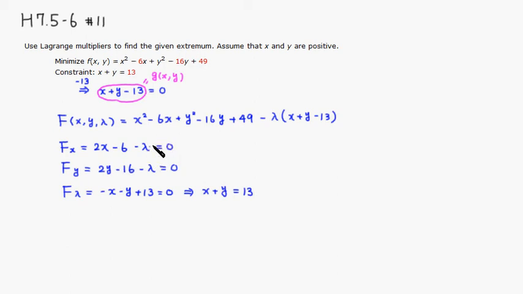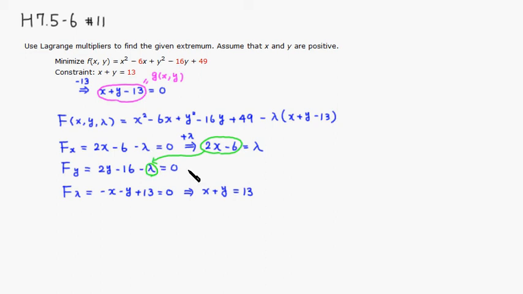I'm going to solve the first equation for lambda by adding lambda to both sides, so 2x minus 6 is equal to lambda. We can plug this into the lambda in the second equation.